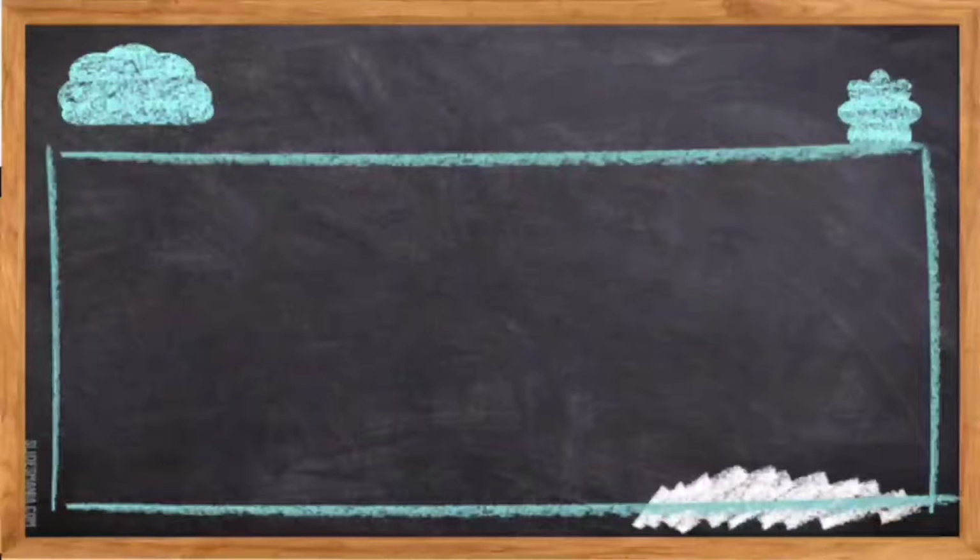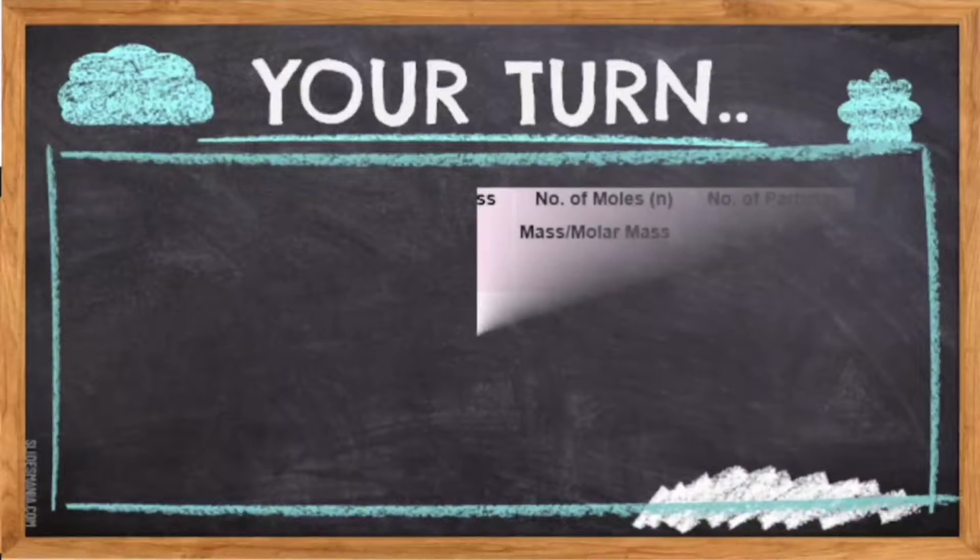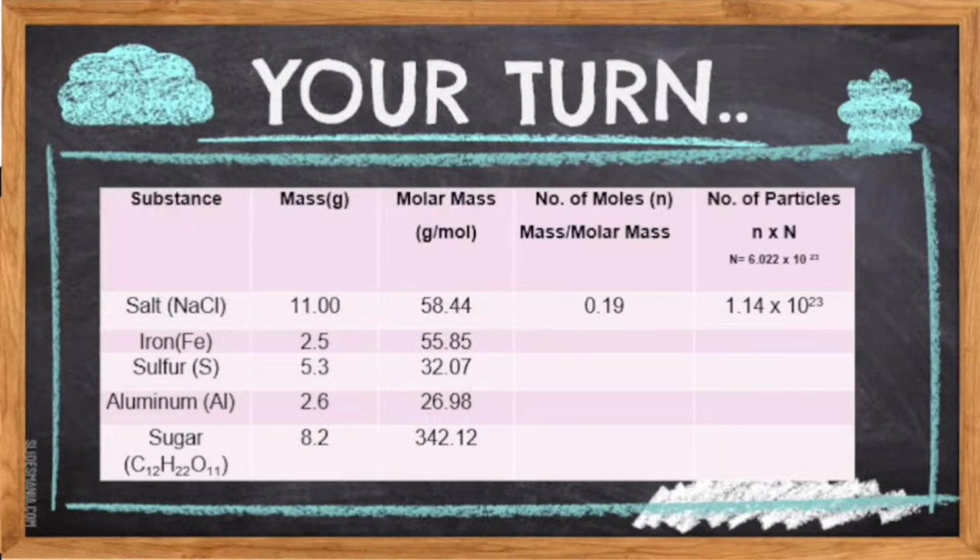To check if you understand our lesson, try to complete the table. So you will get the number of moles and the number of particles of iron, sulfur, aluminum, and sugar.